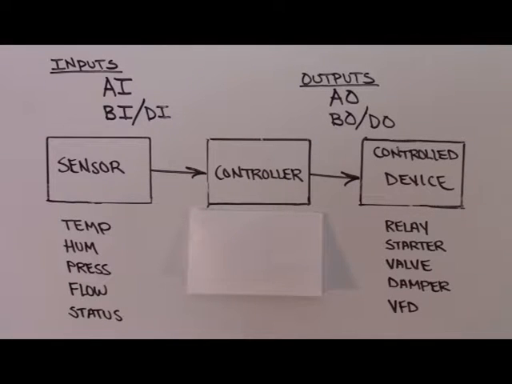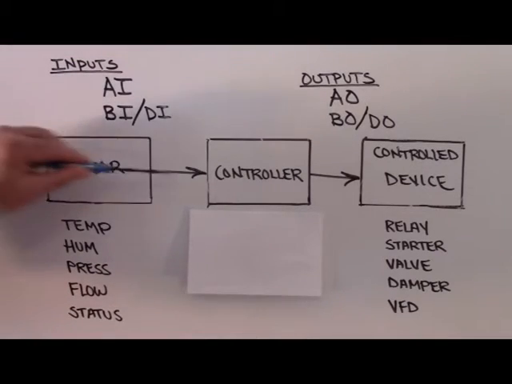Bi, like in the word bicycle, meaning two wheels. It's either on or off, or it's yes or no, or it's true or false. Or when you buy appliances these days, the appliance has a button on it that says not on and off, but it says 1 or 0. 1 is on, 0 is off. Binary and digital are the same thing. These are going to be inputs to the controller.